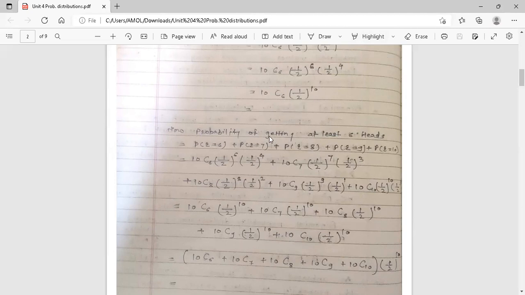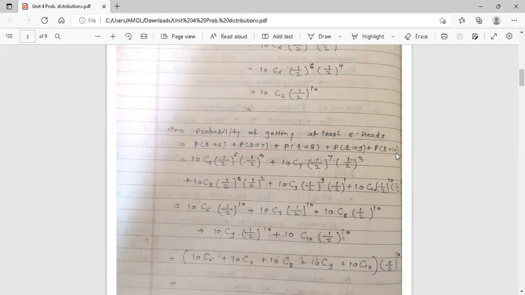Here we want the probability of getting at least 6, means you start from 6. Probability of R is equal to 6 plus, you may get 7 times head, so you find probability of R is equal to 7. You may get R is equal to 8, means 8 times head, so probability of R is equal to 8. Probability of R is equal to 9. Probability of R is equal to 10.